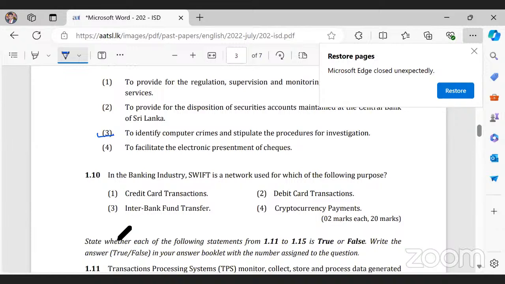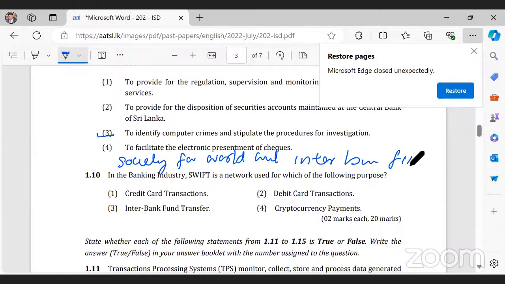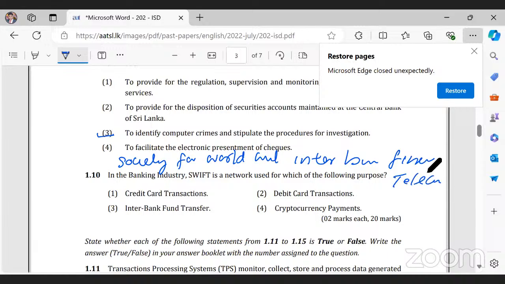In the banking industry, SWIFT is a network used for which of the following purposes? What is this acronym? It is the Society for Worldwide Interbank Financial Telecommunication.